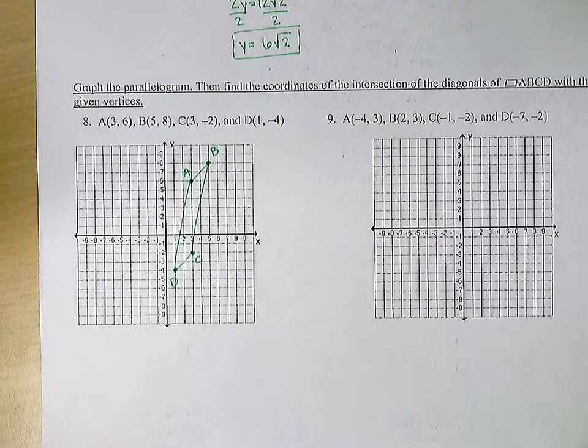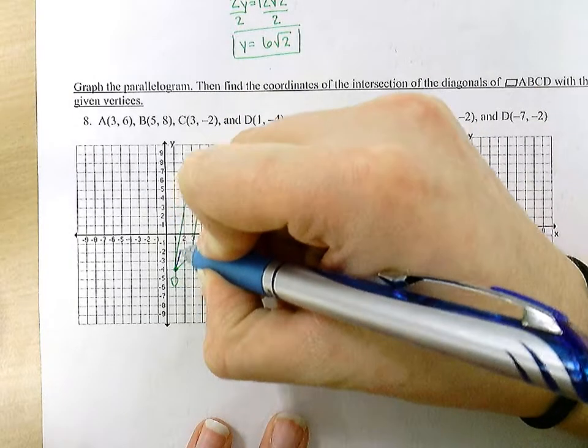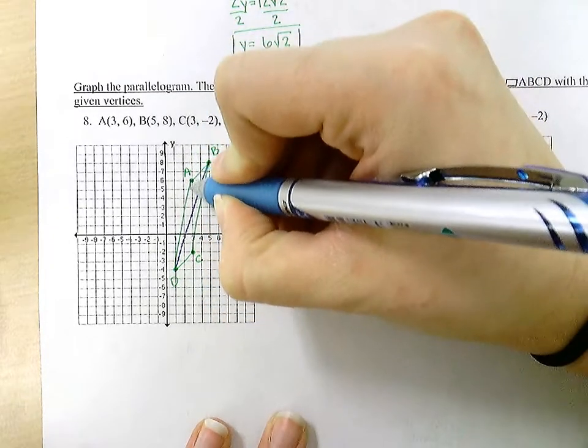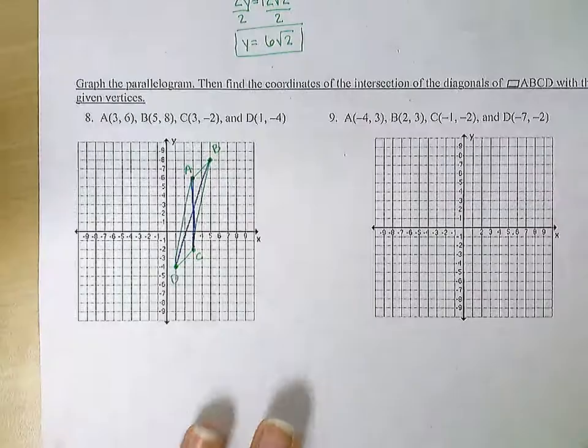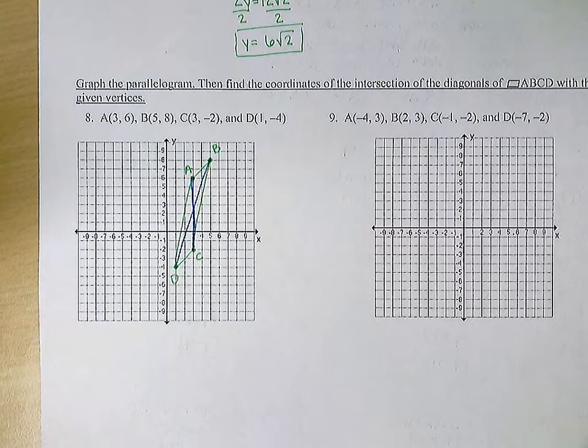Oh, it's really hard to see. I'm sorry, I should have used a darker color. So here's my parallelogram. Now we want to find the coordinates of the intersection of the diagonals. So if I draw in my diagonals here, now with these problems, they're not always going to hit at a nice point.